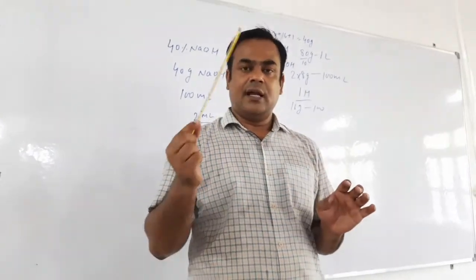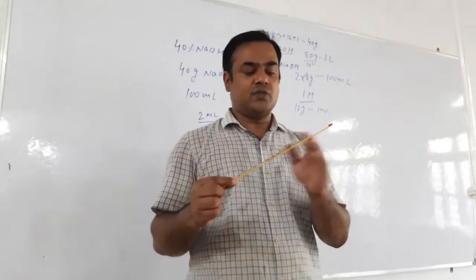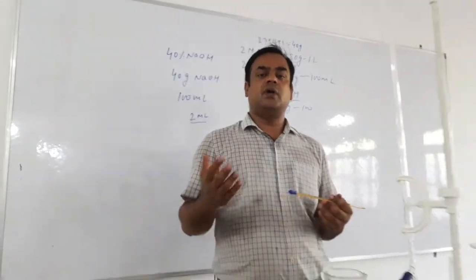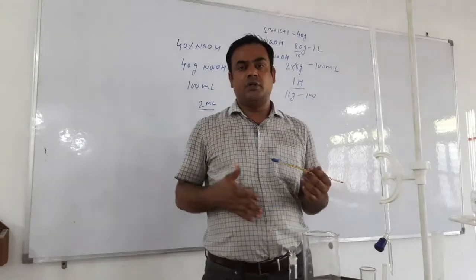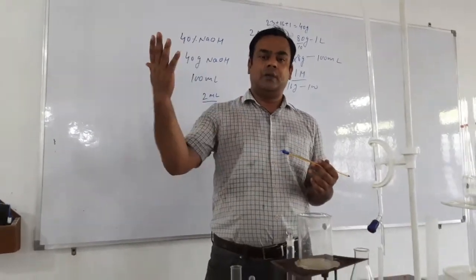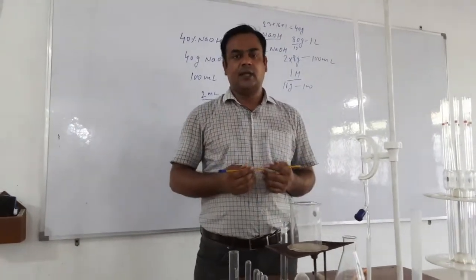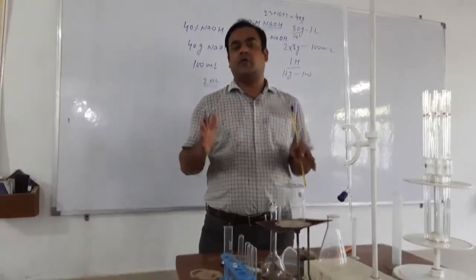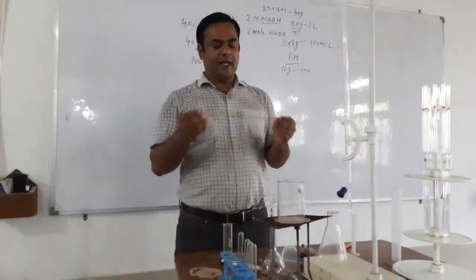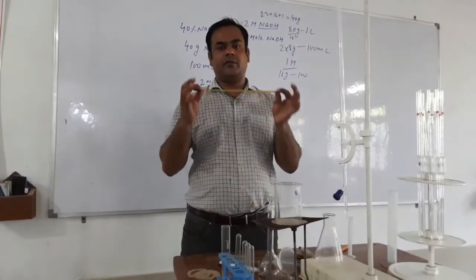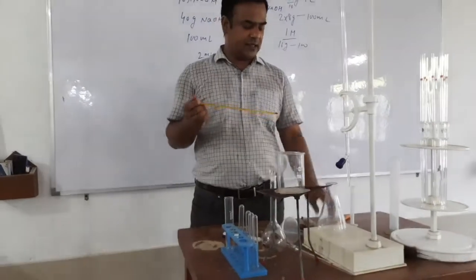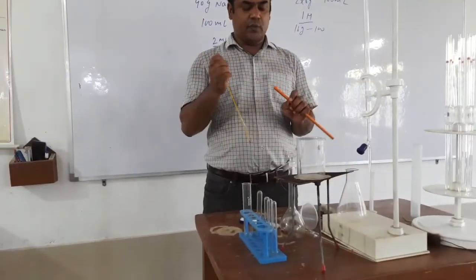Some more advanced laboratory thermometers also come, which can measure temperature from below 0 degrees Celsius to 400-500 degrees Celsius. But that is not required in the school laboratory. That is required in the research laboratory. So here we have our thermometer, which has a range of 10 degrees Celsius to 100 degrees Celsius.